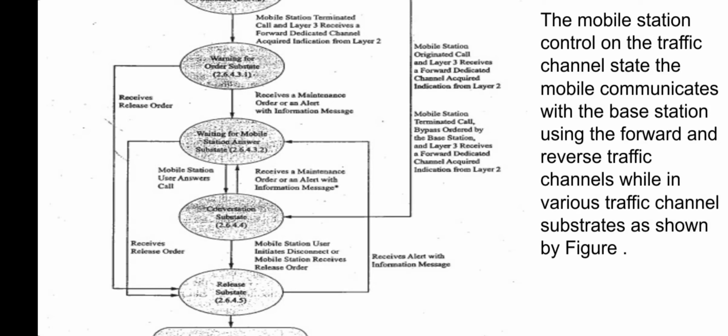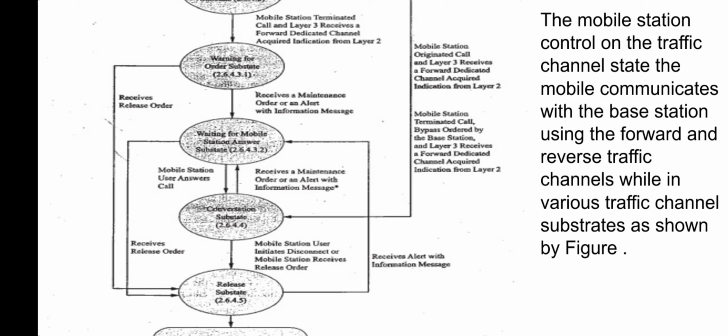When the call is indicated, the caller and call channel should be free. If it is not free, it sets the warning. If it is free, it continues the call process. If it receives the maintenance order and alert with the message, it moves to the waiting for mobile station answer substate.